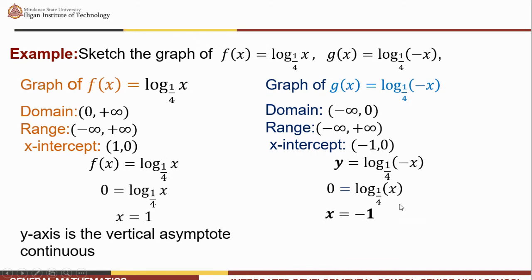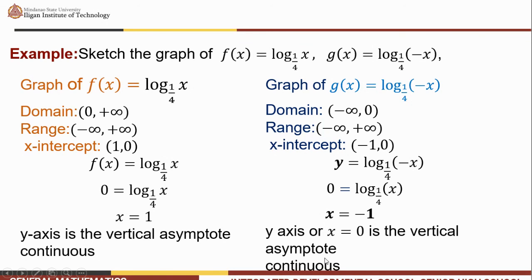Because if this would be negative 1 times negative, you'll have positive 1. And if this is equal to positive 1, the log is equal to 0. So we have for our y-axis, or x equals to 0, the vertical asymptote here. And it is continuous.